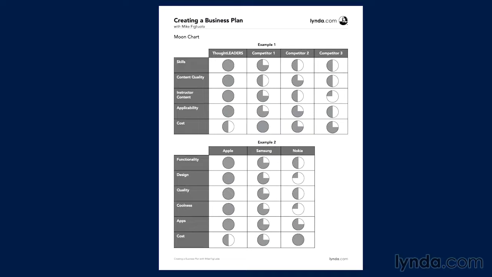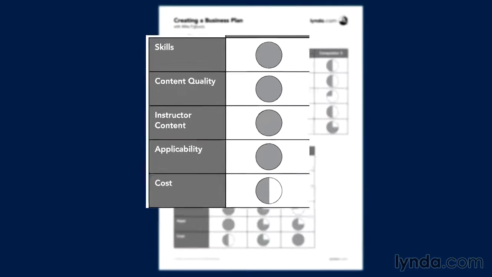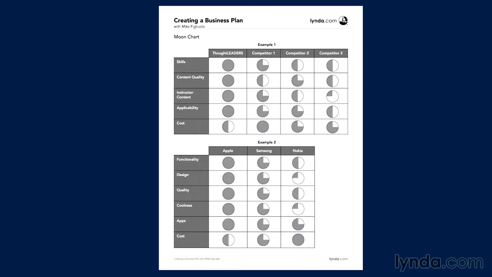And when we fill out that chart, we're higher in terms of the content, the instructor's skill level, the applicability of our training to the participant's job, but we're much worse on cost. We're not cheap. So we end up positioning our product as a premium product, and we spell out, here are all the extra benefits you get from buying our courses, and yes, you pay more for them compared to these competitive offerings.